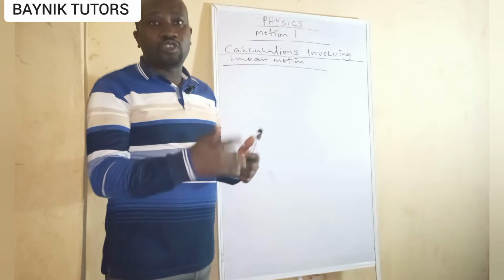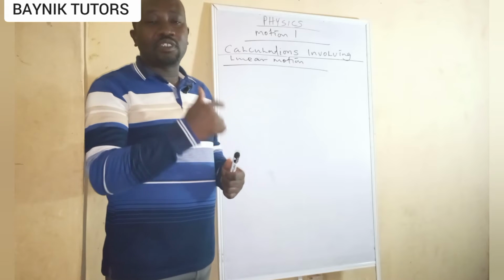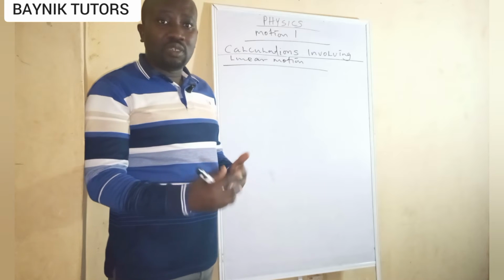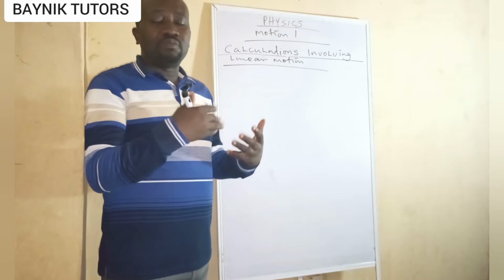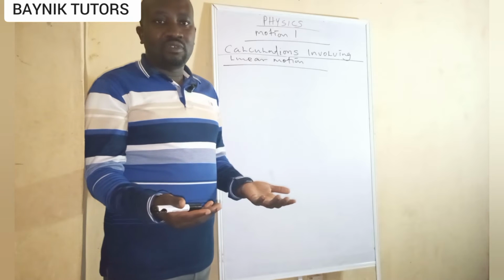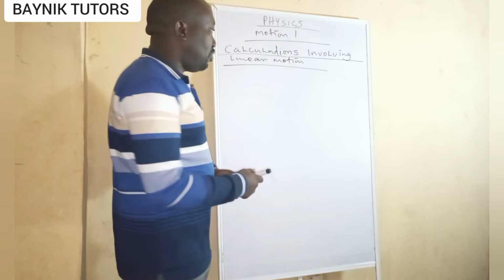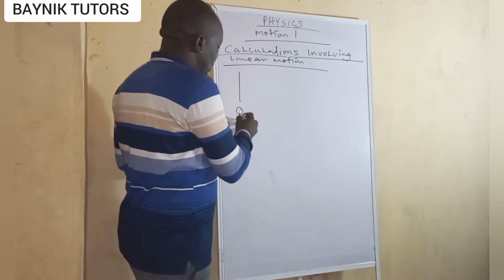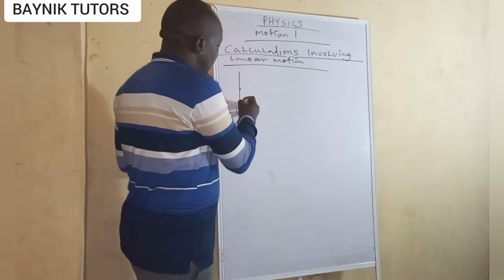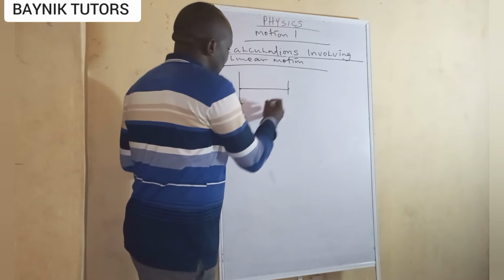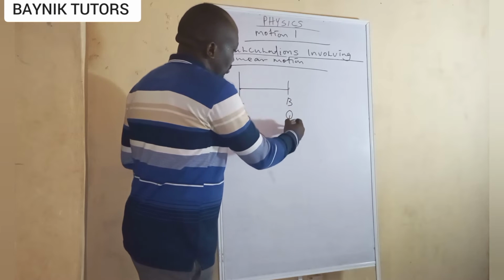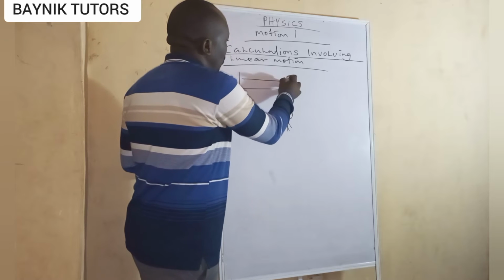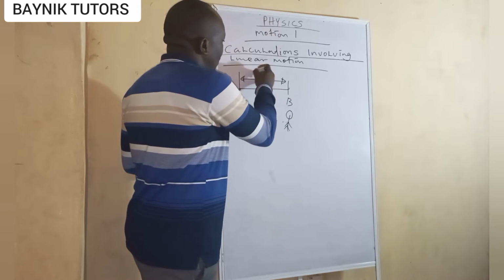Motion has to do with changing the position of a body from one point to another within a specific time. Motion is the change in position of a body. A body here could be a human being, or an object that does not have life, but it's changing its position. Imagine we have a body here moving from point A to point B within a specified time.